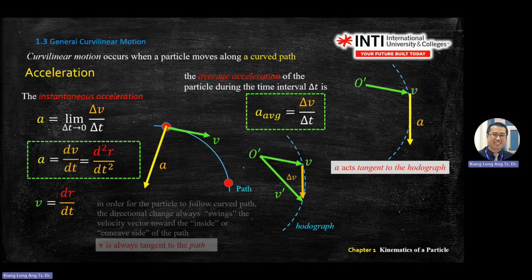Now in this case, I just highlight the acceleration, always pointing into the circle. This is the A direction. In the normal direction, you cannot say in, but there is an acceleration in the normal direction and in velocity.